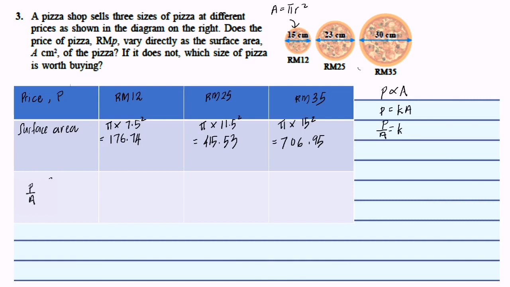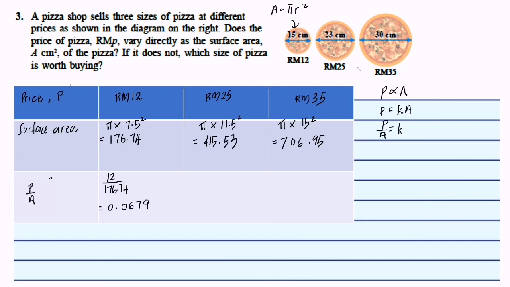So just now P is 12 for the first pizza and A is 176.74, so K equals 0.0679.